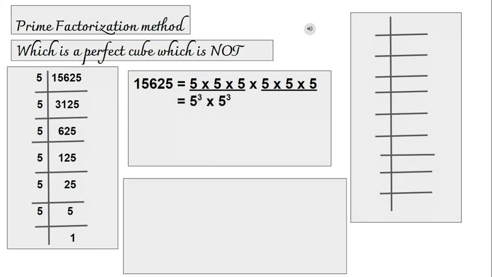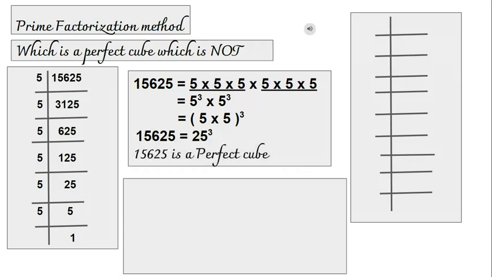So overall, 15,625 is equal to 5 cube into 5 cube. This can be written as (5 into 5) whole cube. 5 fives are 25, so 25 cube. That means this number can be written as the cube of a particular number, so this is a perfect cube.